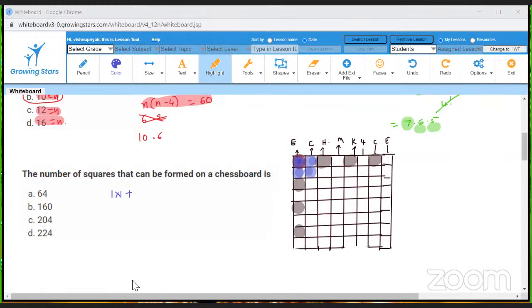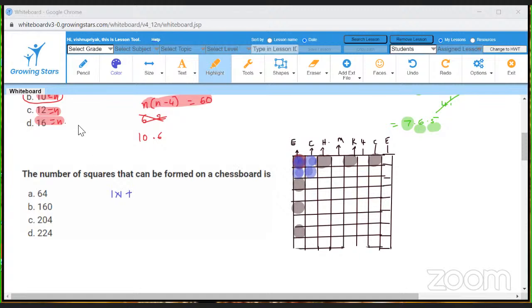That is what you need. So 2 into 2 will be made. That means, if you take 1 and 1 here, you will get 64 squares.